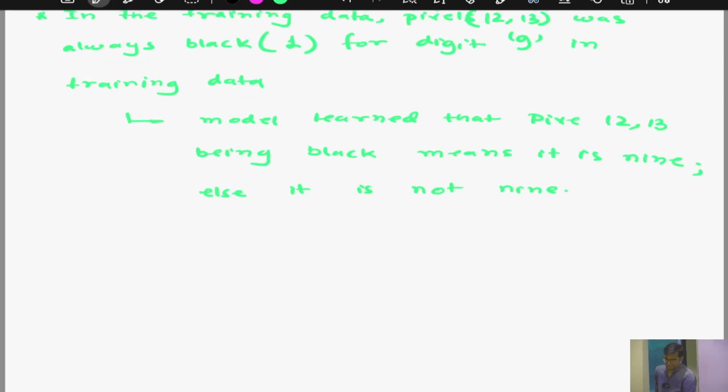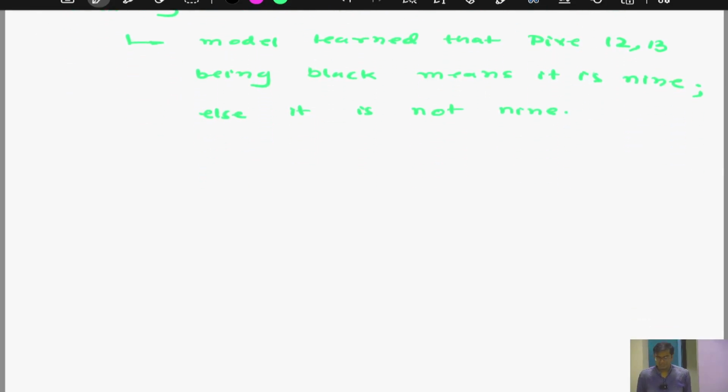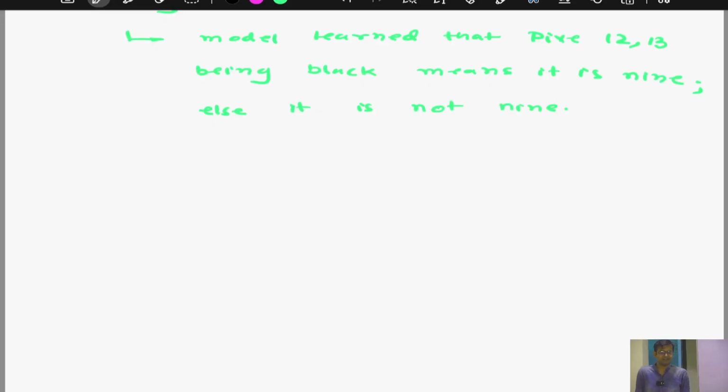Something like this the model has learned. And when the model learns something like this, it is learning a wrong pattern in the data, and because of that, it is not generalizing. It is not learning the correct features that are needed.